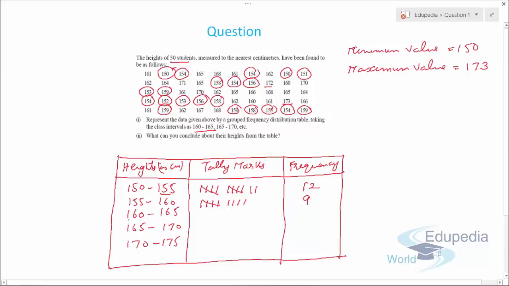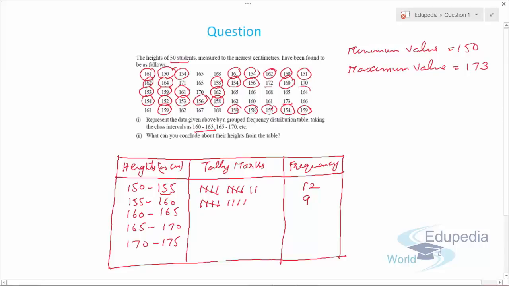Then next is 160 to 165, which means the value should be less than 165. So this will be 1, 2, 3, 4, 5, then 6, then 7, 8. So till now we have 8.